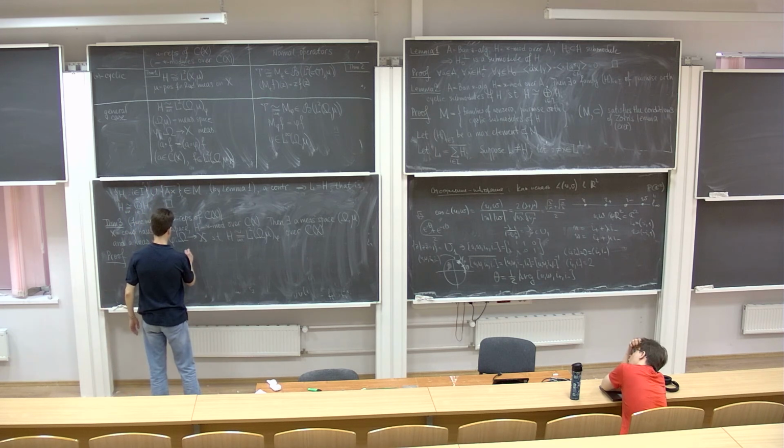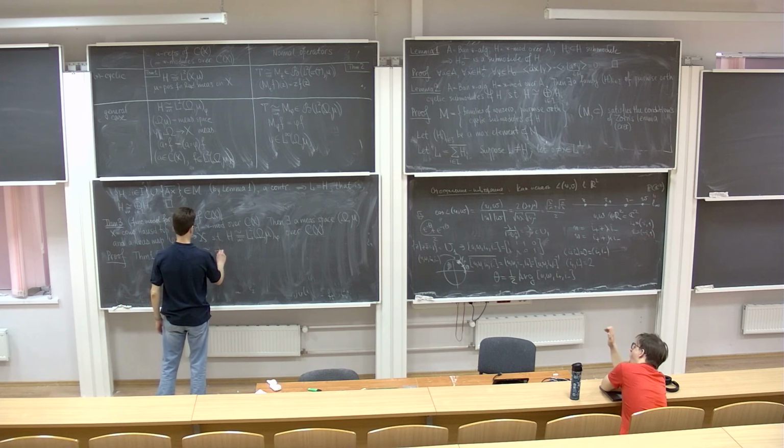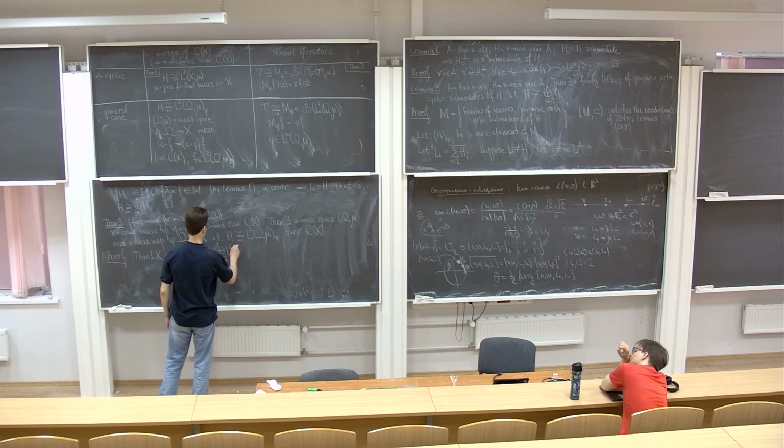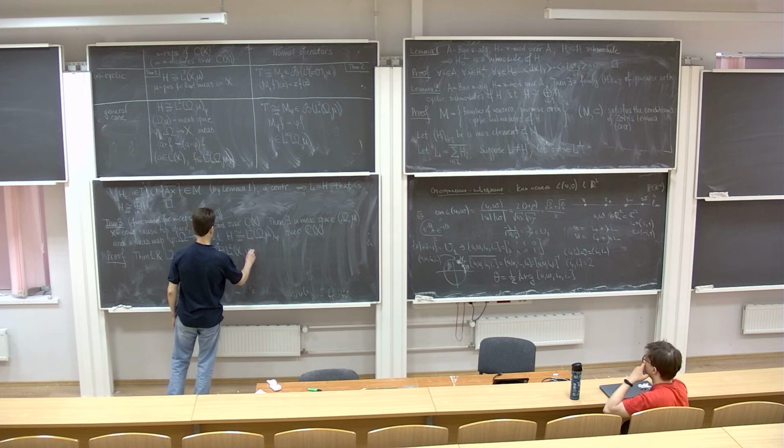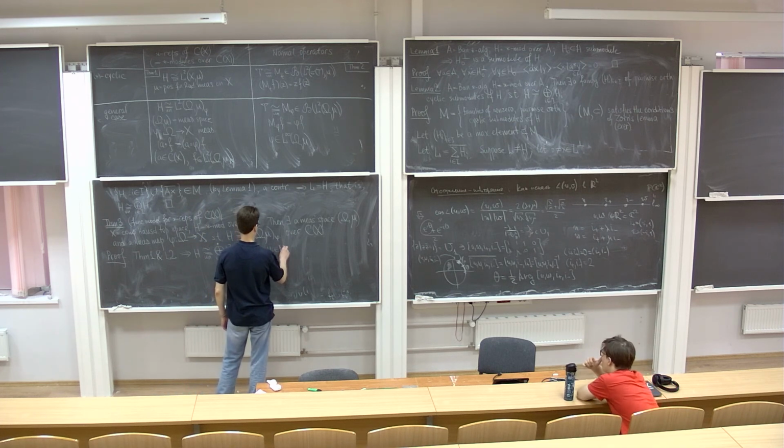So this implies that H is unitarily isomorphic to the Hilbert direct sum of L2(X, mu_i), where each mu_i is a positive Radon measure on X.